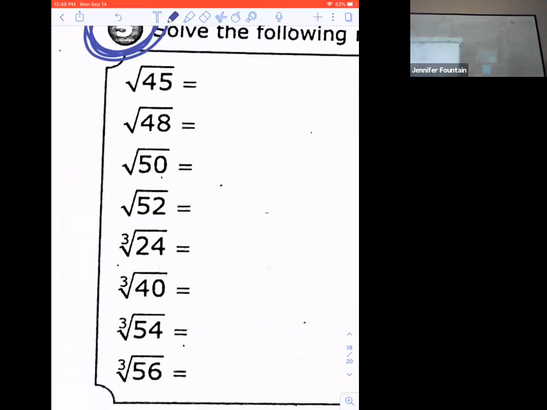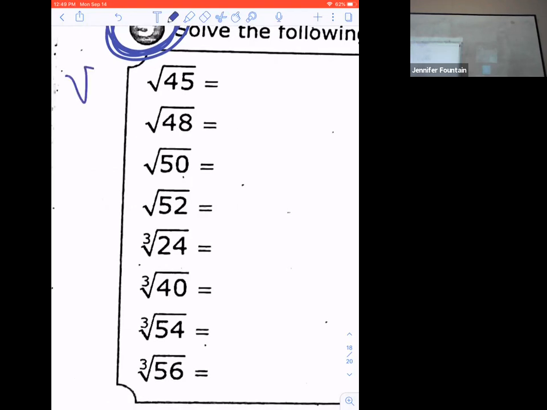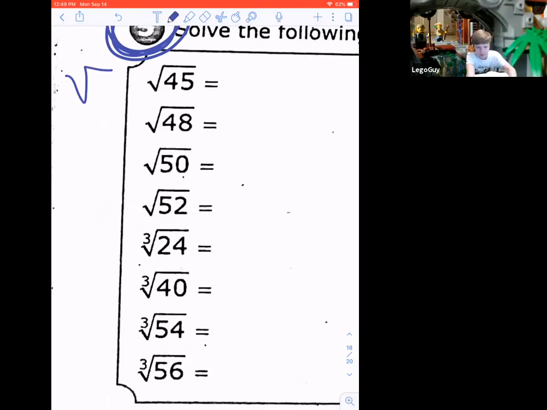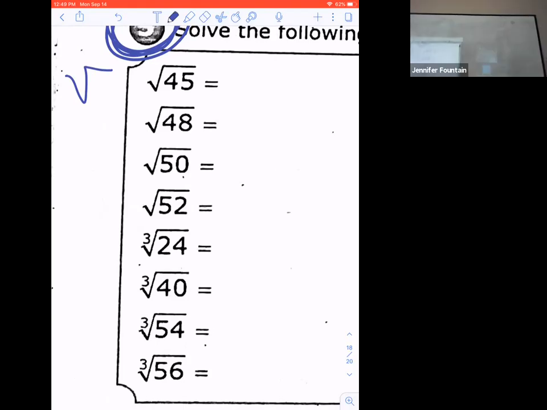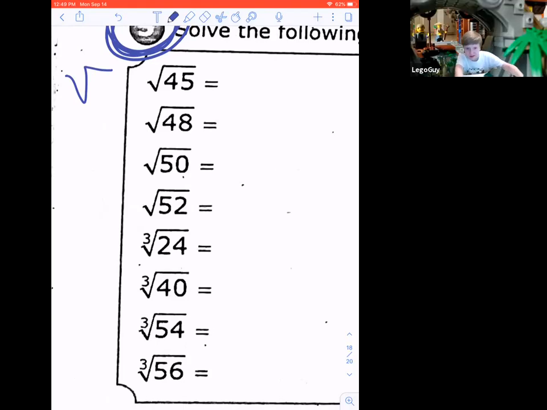All right, so who remembers what the little symbol is called? Does anybody remember? Anybody remember what our little symbol is called? Index. Well, the number or just the symbol. What do we call that? Radical? The radical. Very good.